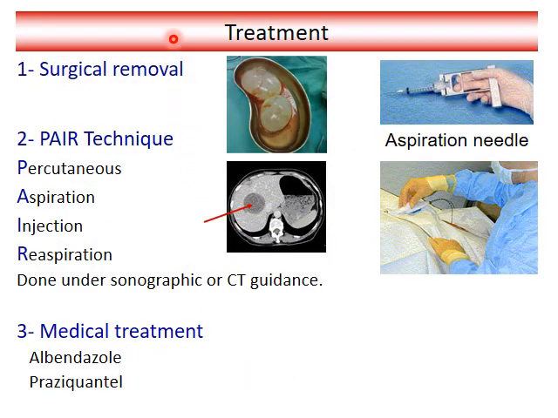For the treatment of hydatid cyst, surgery is the definitive method of treatment, but there is an alternative method recommended, that is called the PAIR technique, wherein the P stands for percutaneous puncture of the cyst, A is aspiration of the cyst fluid, then I is injection, that is injection of scolicidal agents like hypertonic saline, cetrimide or ethanol, and then finally R is re-aspiration of the fluid after 5 minutes, and this entire procedure is done under sonographic guidance.